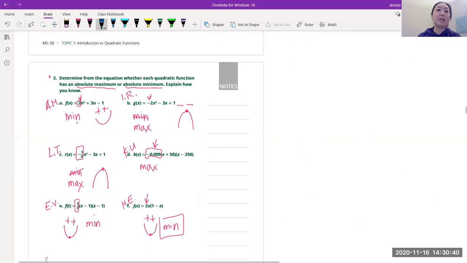All right, and so remember we talked about this when we said, okay, now looking at just the equation, can we figure out, does it have a min or a max, right? And here it says absolute min or absolute max because that's the absolute lowest it could go or the absolute highest it could go. And somebody made a note, if you have a min, you're not going to have a max. Not for this one.